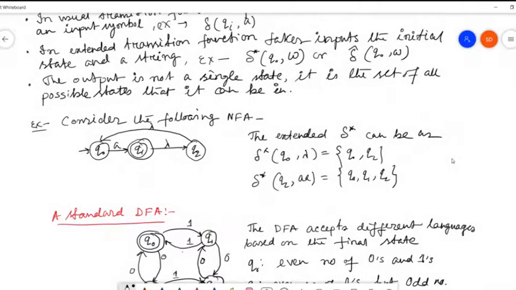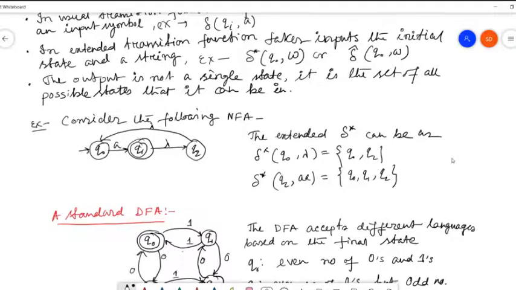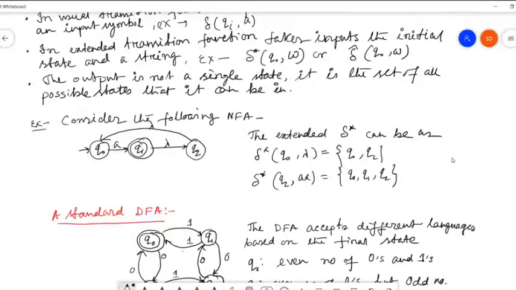Let's take an example here. Here it has some transitions, lambda transition also, and for a single input symbol it goes from Q0 to Q1. So for the input symbol or string of lambda transition, the extended transition function delta will produce Q0 and Q2, because from Q0 there is no state for the input symbol, and Q1 goes to Q2 and Q2 goes to Q1.